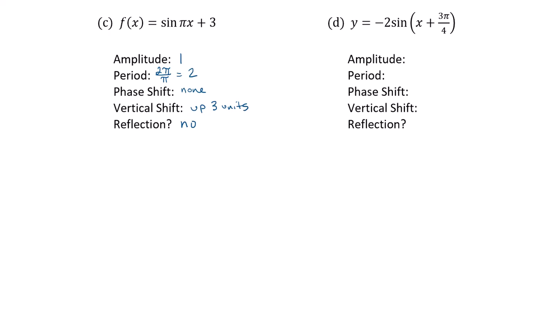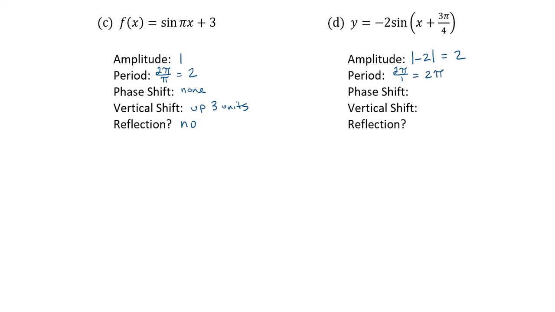For amplitude, on part D here, we have a negative 2 in front, which we take the absolute value of, so the amplitude is 2. The period is 2 pi over 1, which is just 2 pi.